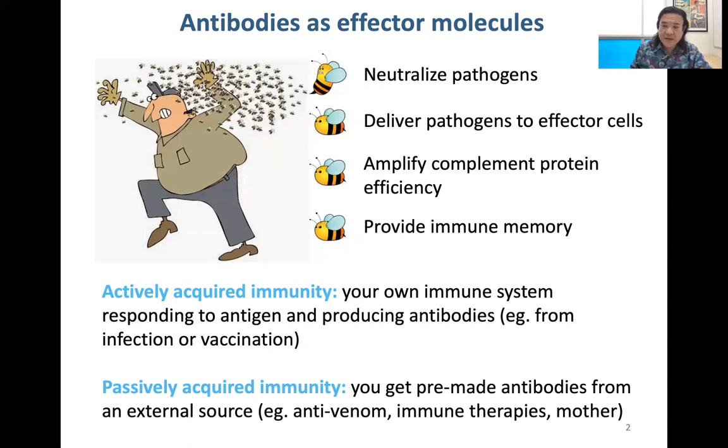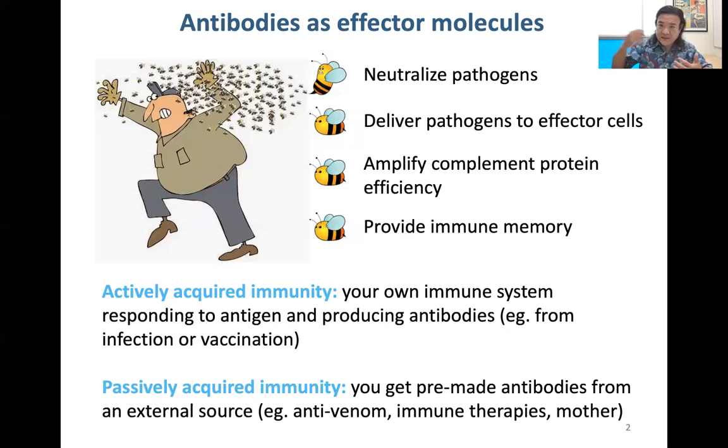Other types of things that are becoming more popular are immune therapies. So many very high profile types of diseases now, especially things like cancer. We will talk about cancer at the end of the semester, but for now, hopefully it's not too far fetched for you to imagine that if you develop cancer, that represents somewhere along the line your immune system failing to protect you against the cancer cells.